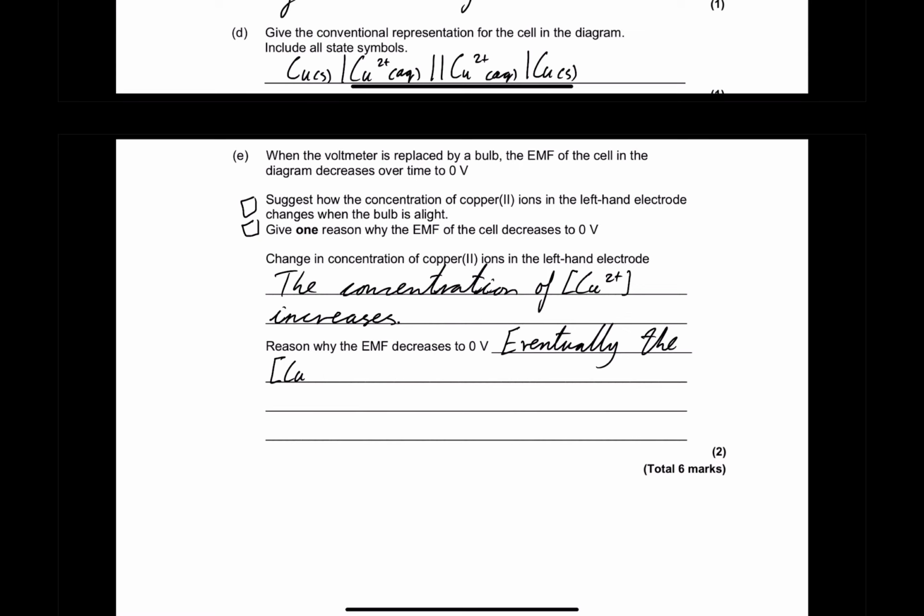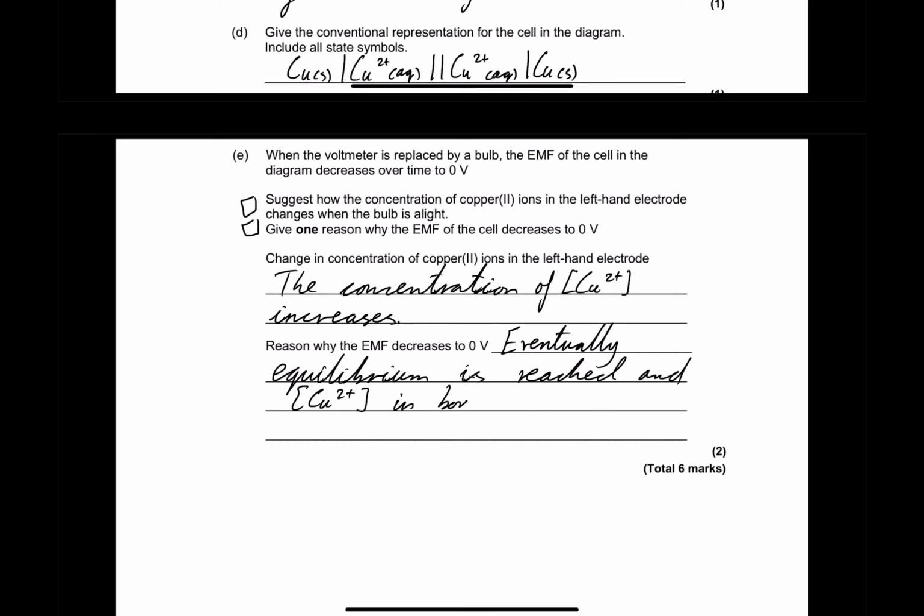How much time have we got left? 1 minute, 3 seconds. Eventually equilibrium is reached and the concentration of Cu2+ ions in both half cells is equal.